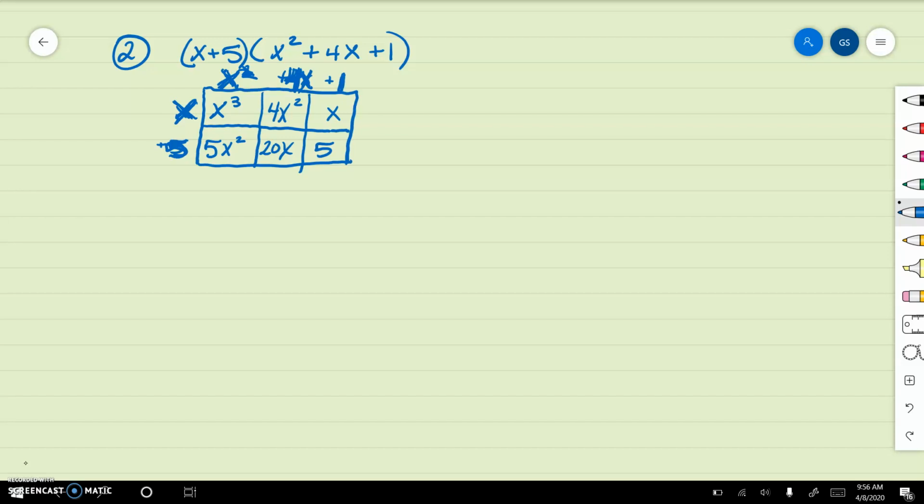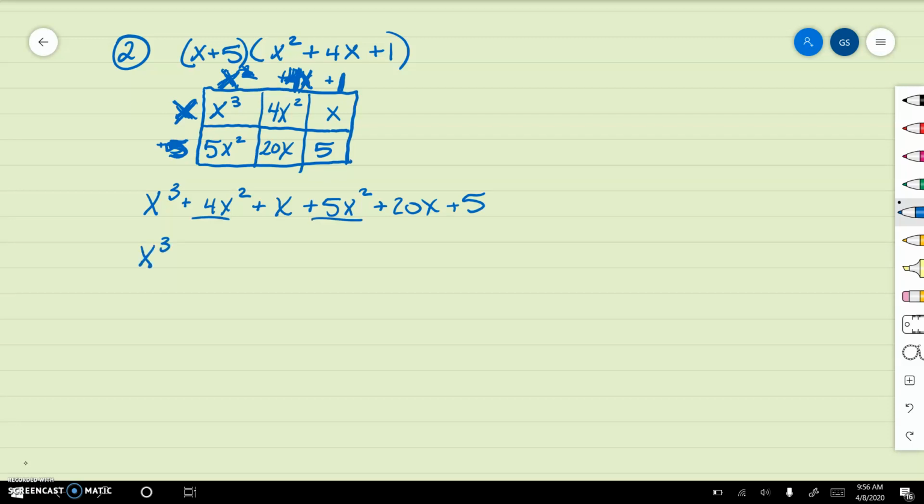We take everything out of the box, x to the third plus 4x squared plus x plus 5x squared plus 20x plus 5. Okay? We bring down x to the third.